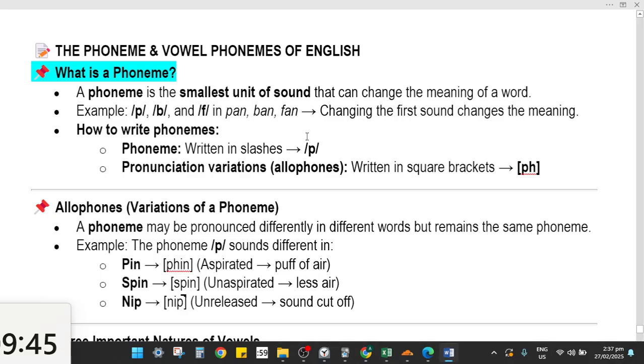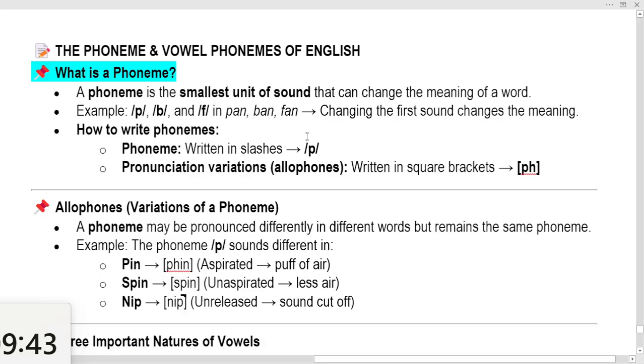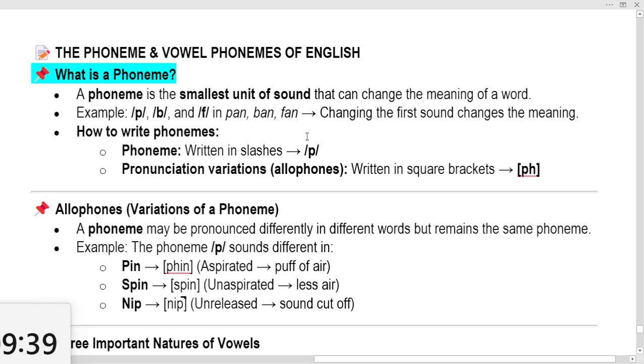Anyway, our topic for today is all about the phoneme and vowel phonemes of English. So we're going to discuss what a phoneme is for and how you identify one. We just discussed the English phonology and speech mechanism in the previous video.